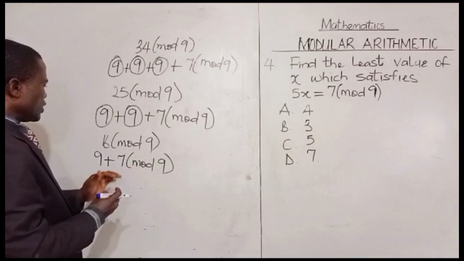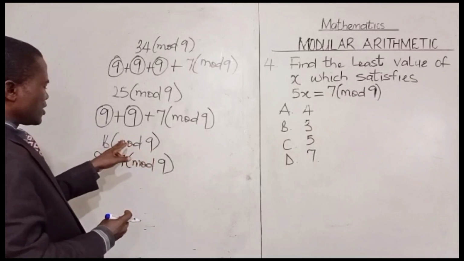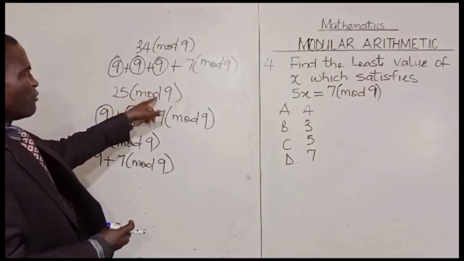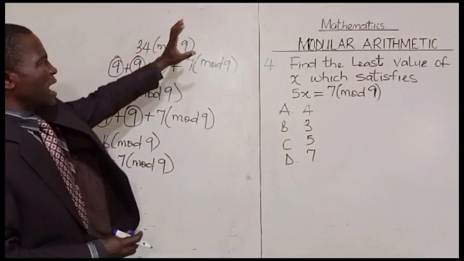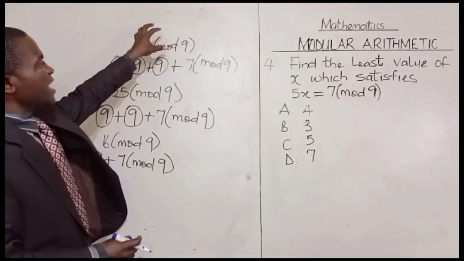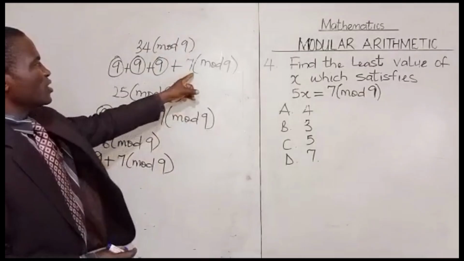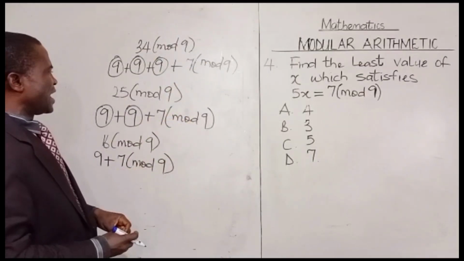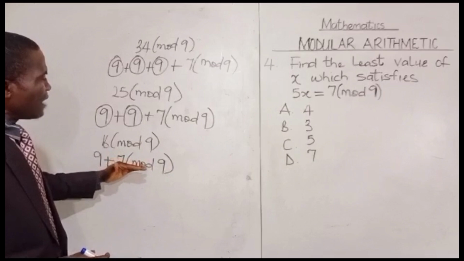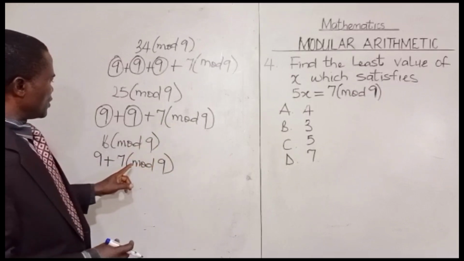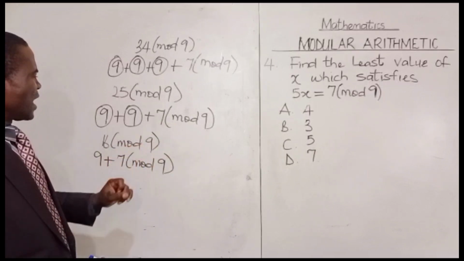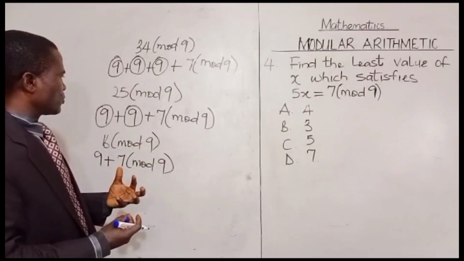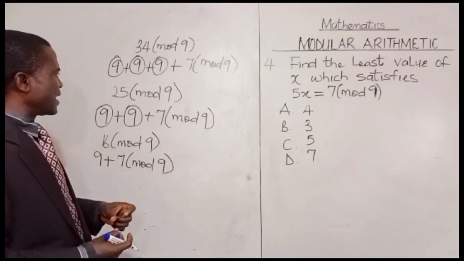So if I watch 7 modulo 9, 16 modulo 9, 25 modulo 9, 34 modulo 9, all of them are senior brothers to 7 modulo 9. So that means we have this group. 16 modulo 9 has equal value with 7 modulo 9.